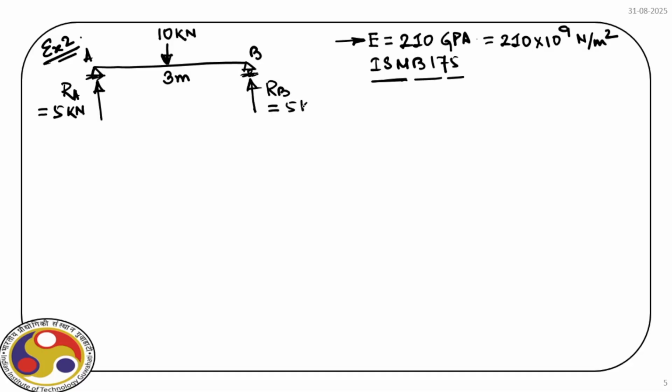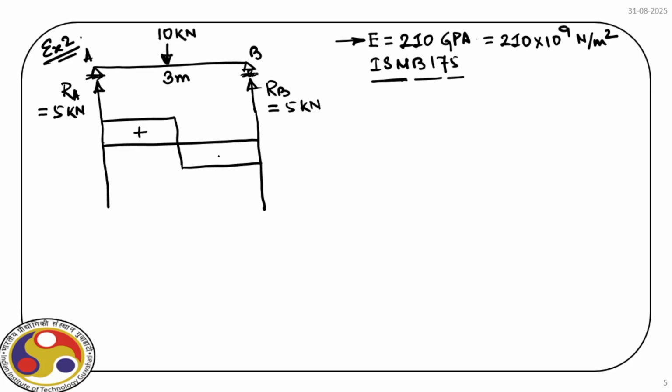So reactions are 5 kilonewton, 5 kilonewton. Now if we draw the shear force diagram, all of you know how to draw the shear force diagram. So we consider left up, right down is positive. So this is 5 kilonewton. So this is our shear force diagram.